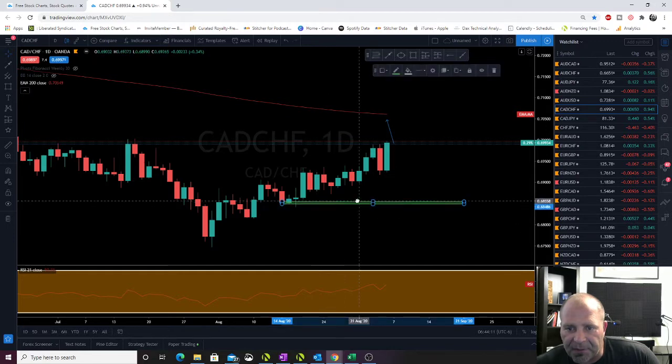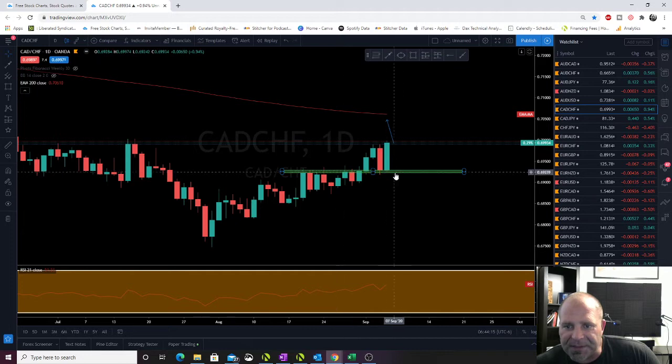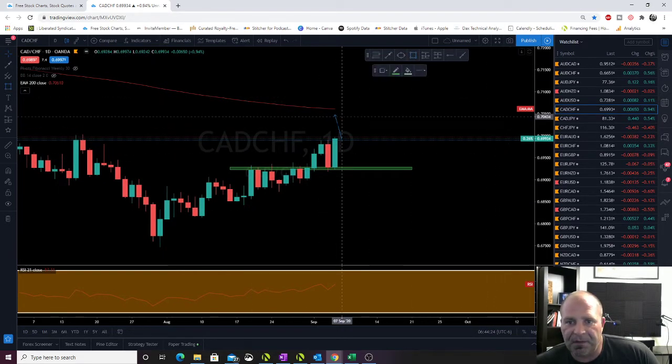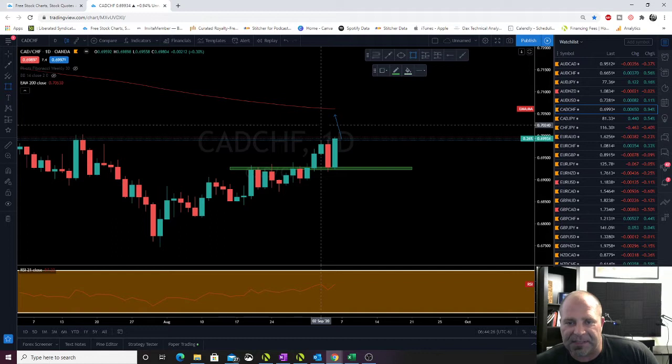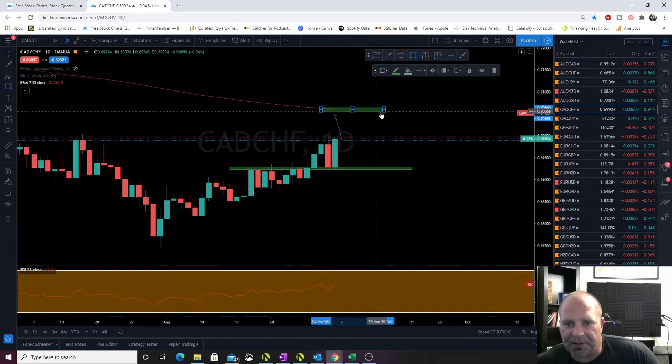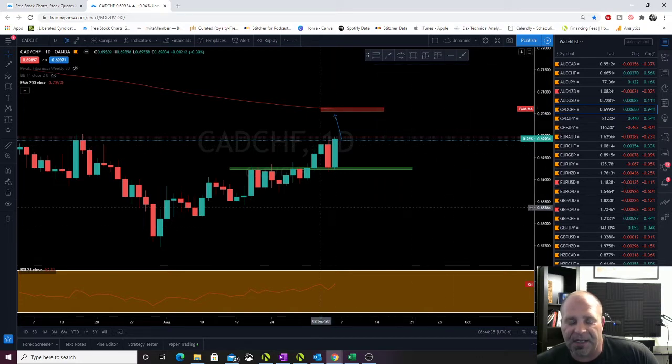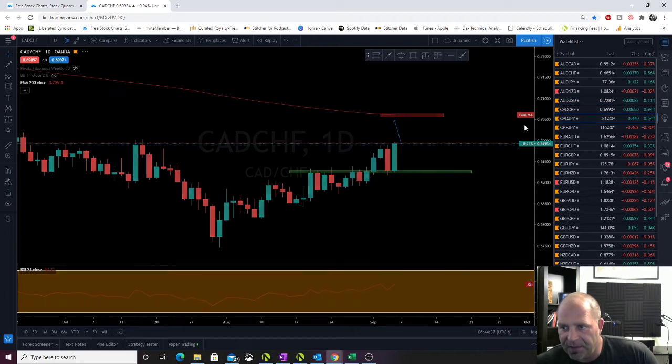And actually, I want to see right there. Former resistance, confirmed support. If we come back down there, I want to be in it. But it looks like we're breaking out these highs. So bearish, I'm not going to be bearish till we come up and test that 200 EMA.